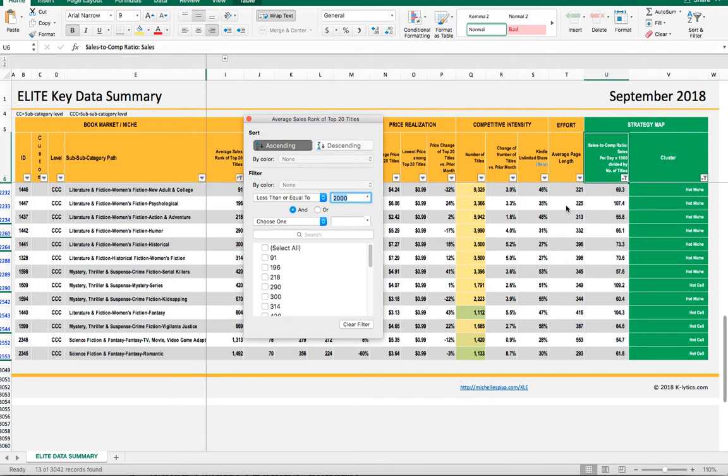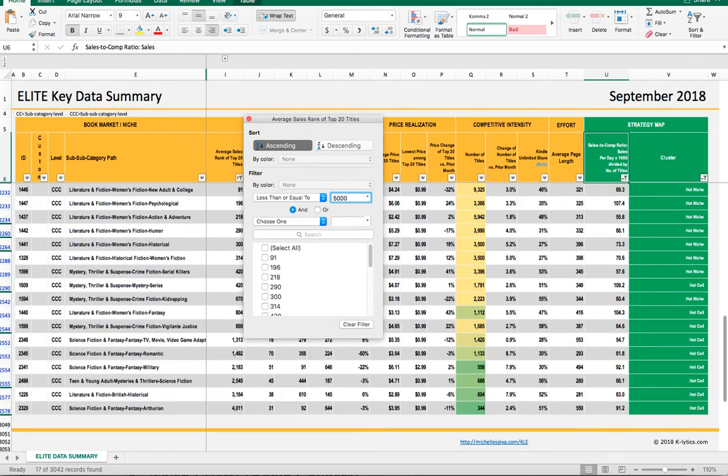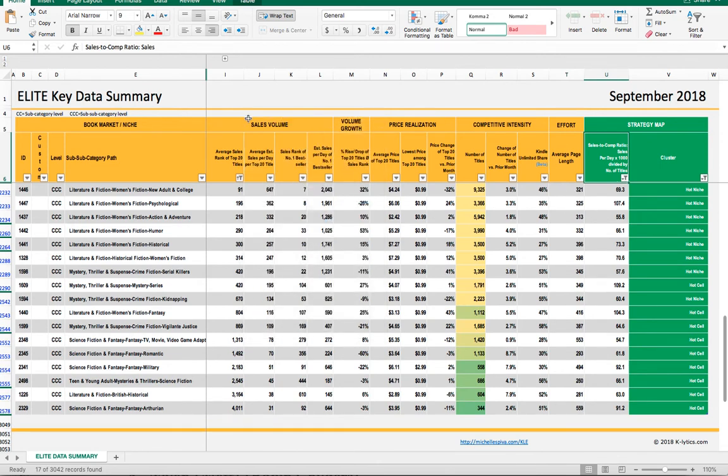If you're willing to go down to maybe 30 books a day, you're like, if I'm in the top 20 and I get 30 books a day, I'm happy. Maybe put that sales rank up to 5,000, which is about 25 to 30 books a day. That increases the records from 13 up to 17. So there were only 4 more added, but that's still okay.